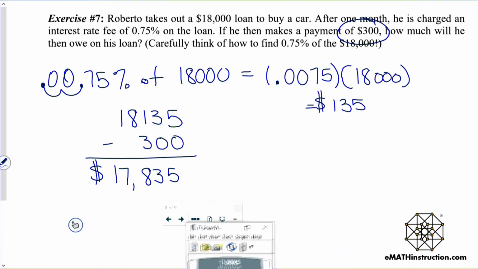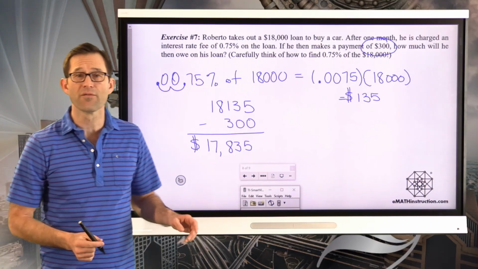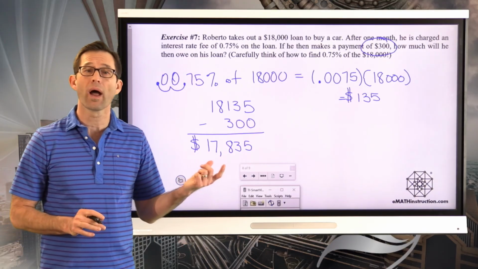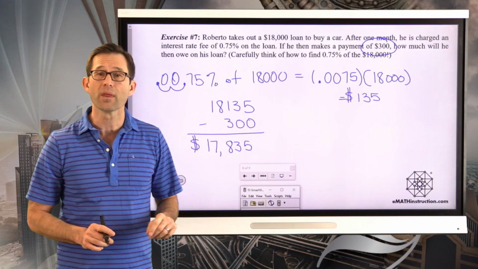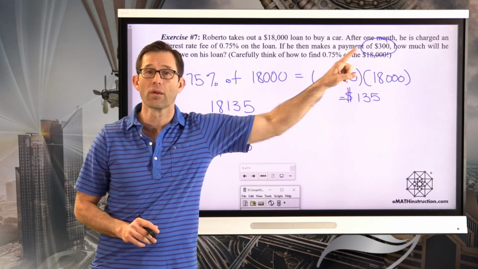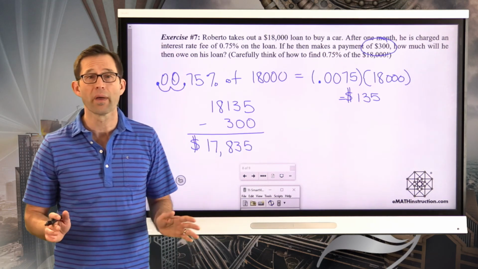By the way, one of the very important things here, especially when you think about borrowing money, is the fact that after 1 month, Roberto actually does owe less than what he started owing, right? If what he paid, that $300, was less than the interest, then Roberto would never pay off this loan.